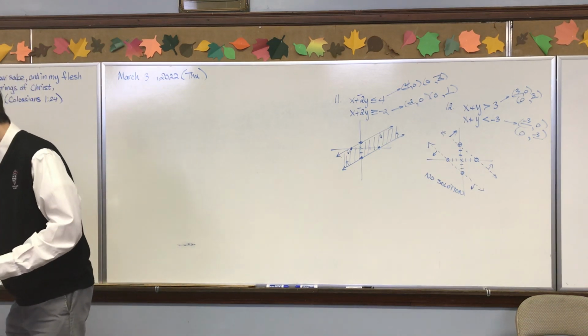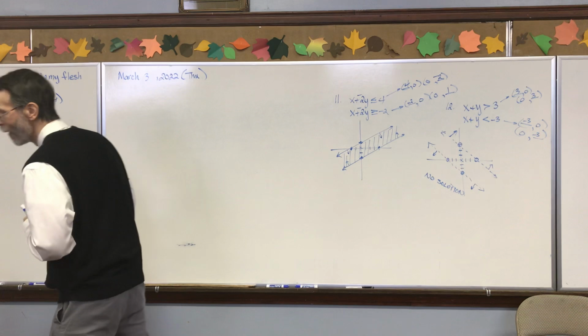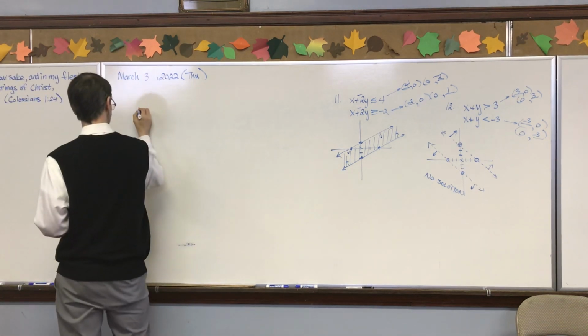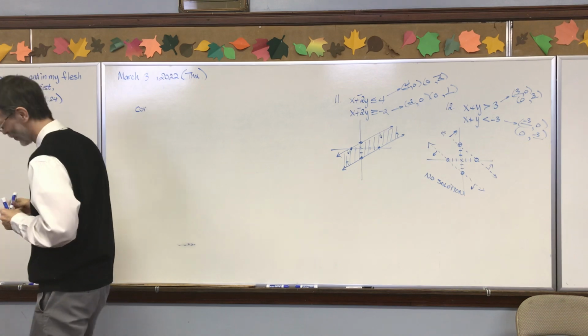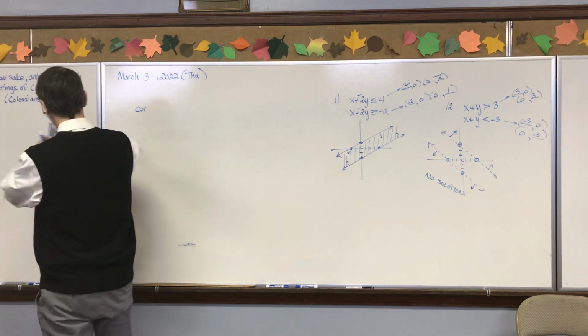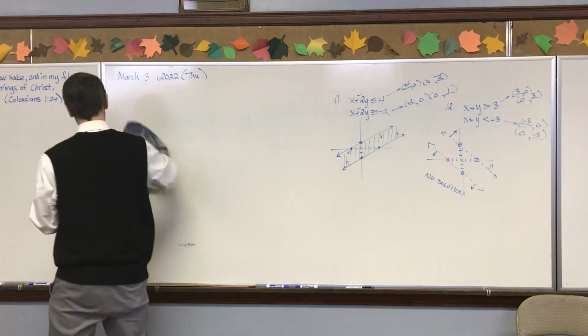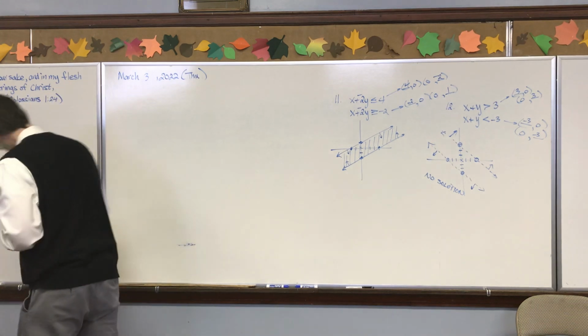Let's take a look at the corn and wheat problem. Or is it wheat and rye? Oh, I switched it up. Wheat and rye. Give the rye farmers a chance.